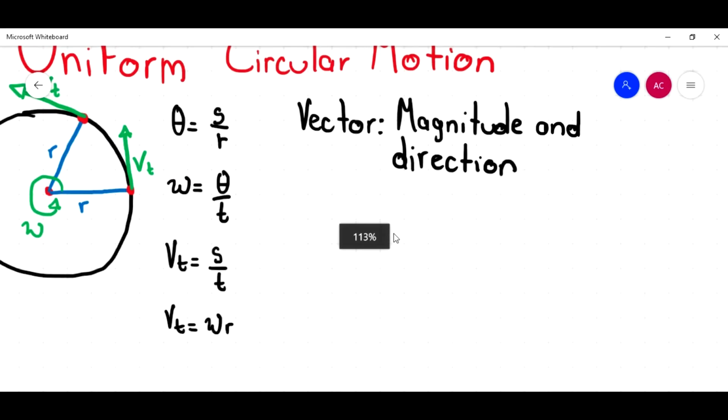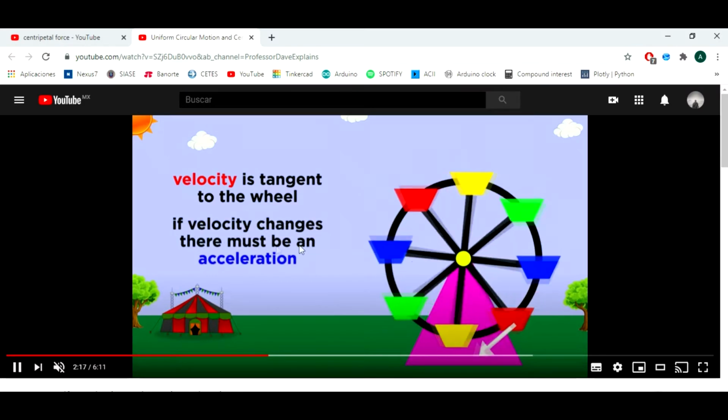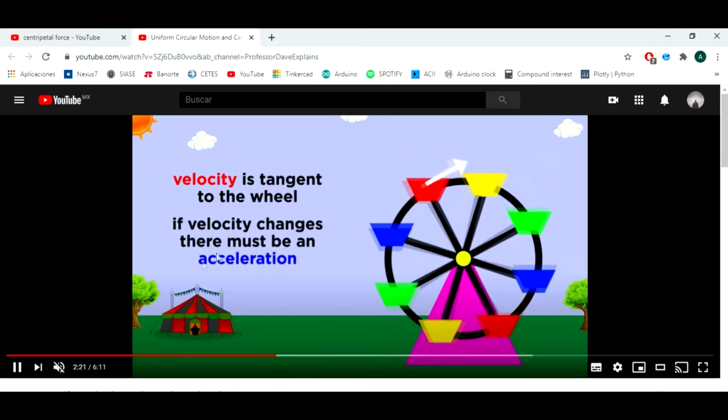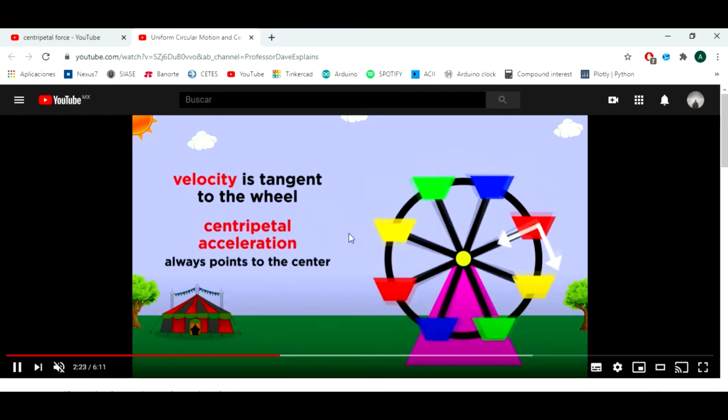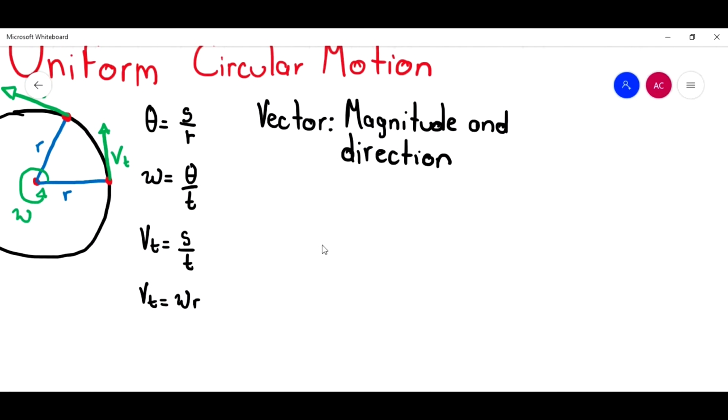That concept is called centripetal acceleration. So in the video they're going to say it: there will be an acceleration, and it's called centripetal acceleration. I'm going to write it: AC equals centripetal acceleration.